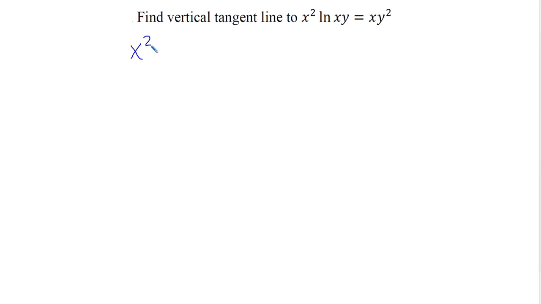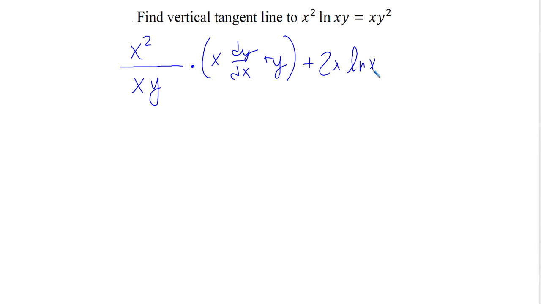Well, the derivative of ln of xy is 1 over xy times the derivative of xy, which will be x dy/dx plus y. And then we'll have to add to that 2x times ln xy for the second half of the product rule, right? The derivative of x squared times the ln of xy.